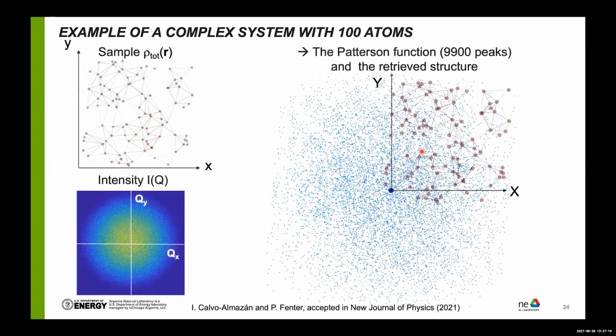We have also tested these algorithms with a system consisting of 100 atoms with random positions. And so the algorithm successfully retrieves one out of the 100 copies which form the Patterson function.